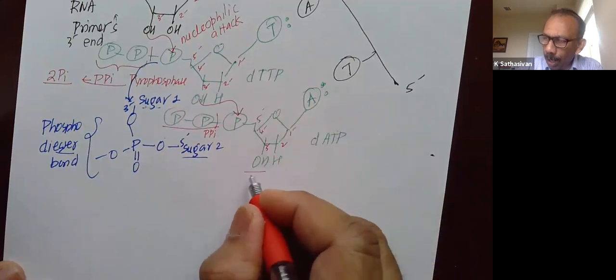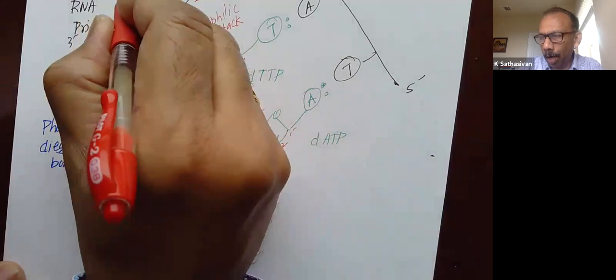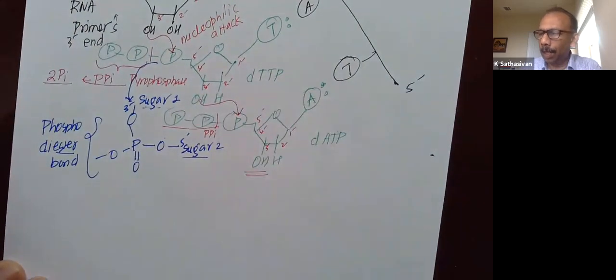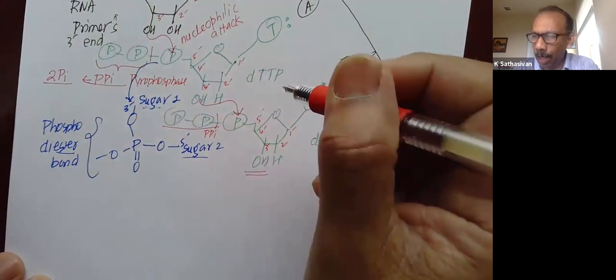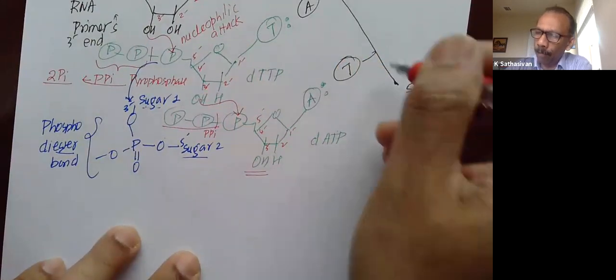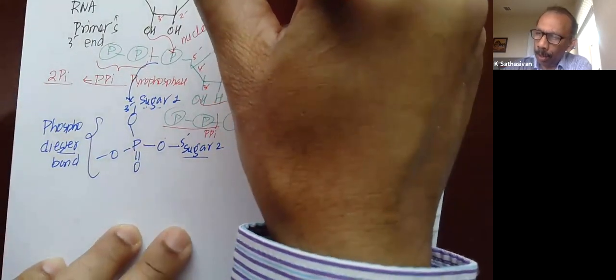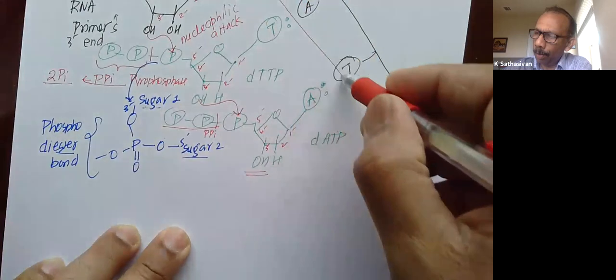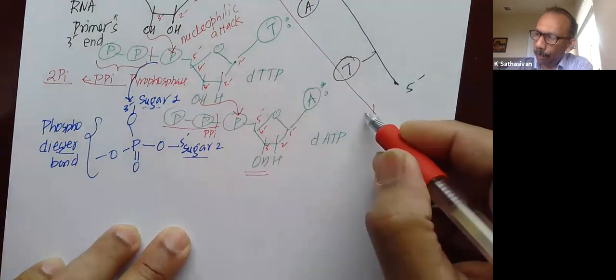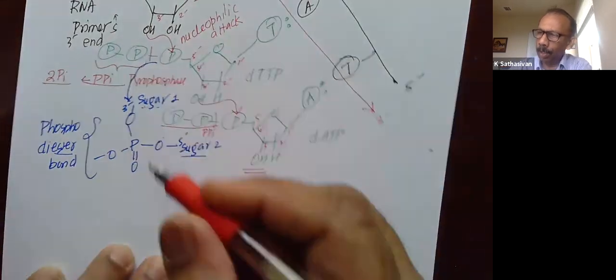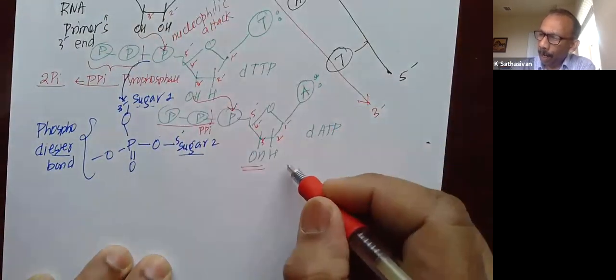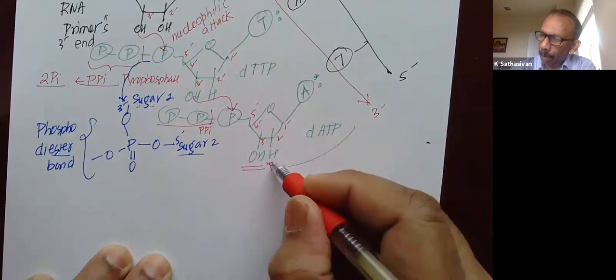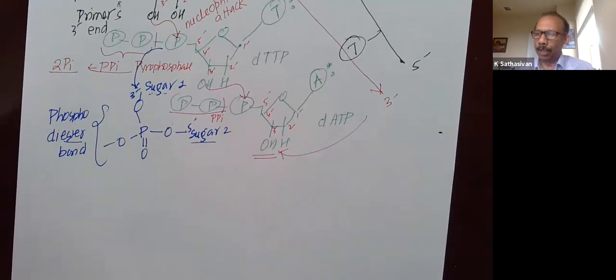So this is the end point. This is the starting point. So the replication of the DNA is happening in the 5' to 3' direction. This is the opposite direction of the template, so this is that 5' and this is that 3'. I hope everyone understands when we say replication happens 5' to 3'.